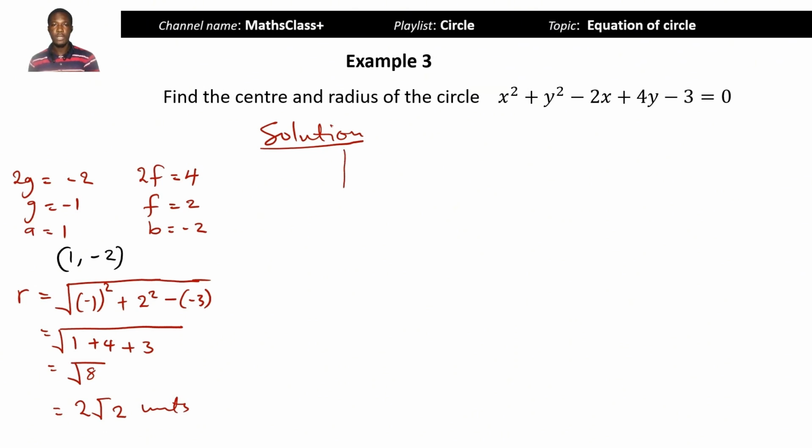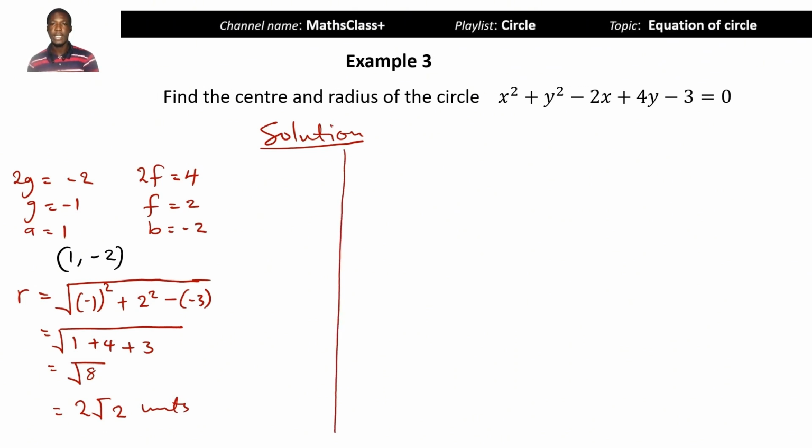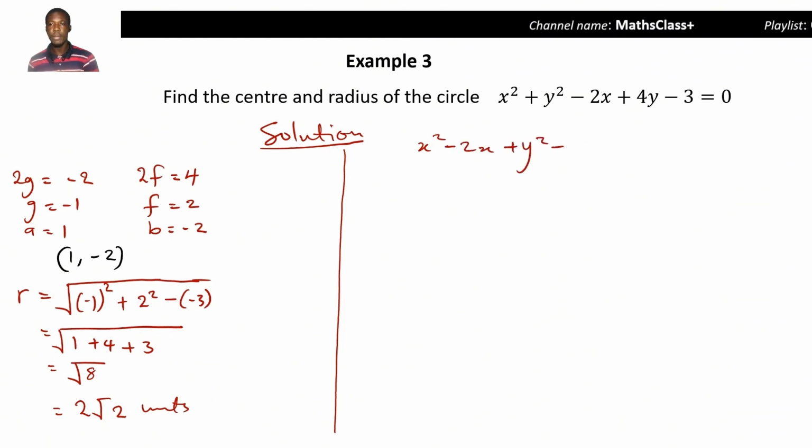So if you are also using the second method, then we are going to rearrange as x squared minus 2x plus y squared plus 4y minus 3. Okay, so that's equal to positive 3. So we take the coefficients of x, divide by 2 and square the result.